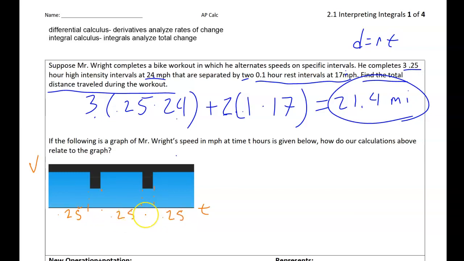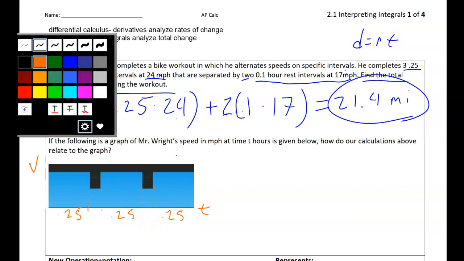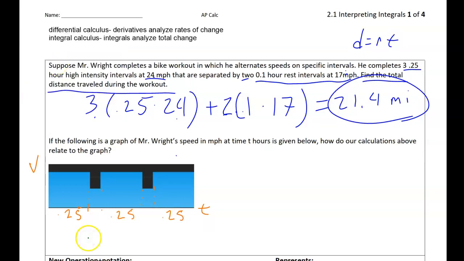And my low intensity intervals in between are going to be 0.1 hours. And my heights are going to be 24 for each of these and 17 for each of these. Maybe you see where I'm going with this. If you study physics, you probably do.